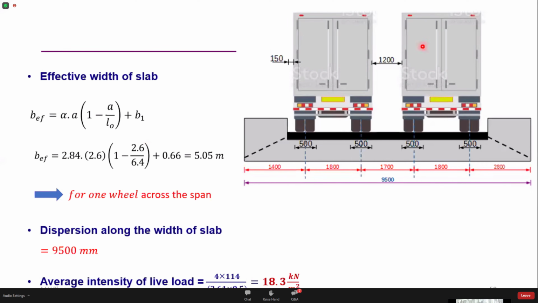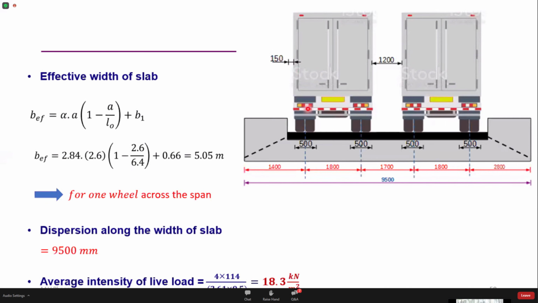So let's again try to read this diagram, how we have prepared it. This is your deck slab, this is your footpath, and this is your typical IRC Class A loading. As per IRC 6, when dealing with IRC Class A wheel loading, the clearance that is required is 150 mm.